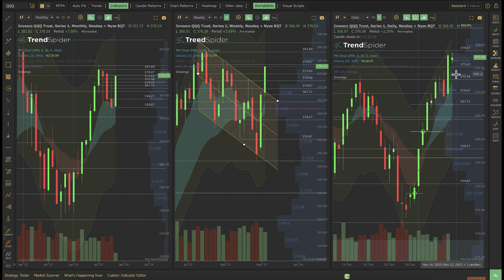Now, my suspicion is that we are at the top of the range. When a channel breaks like this, and we've got a huge run right out of the gates, it will go into these resistance areas and then collapse to make a higher low if it's a real breakout.